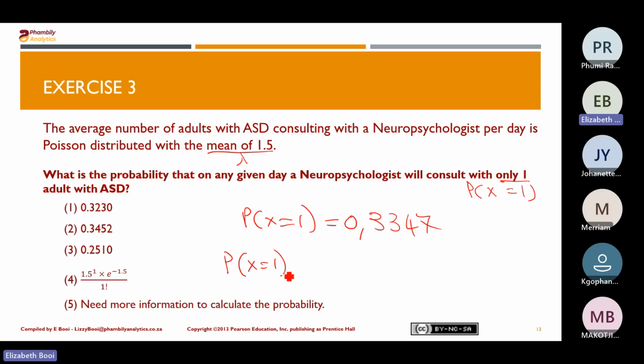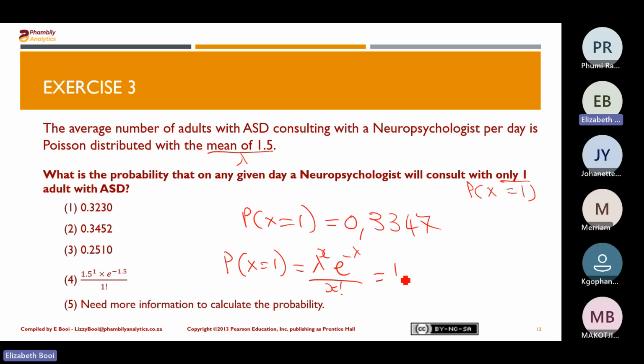The probability of x equals 1 is e to the power negative lambda. And you can see that I am changing my notation again, so let's rewrite it in the previous way: lambda to the power x times e to the power negative lambda, divided by x factorial. Substitute the values into the formula. We have all the information we need.